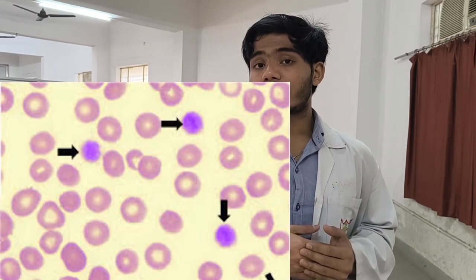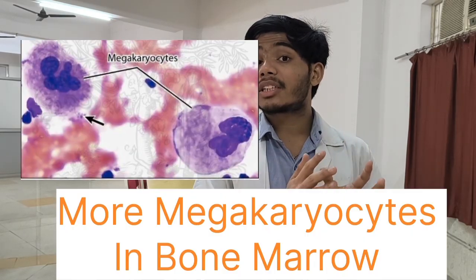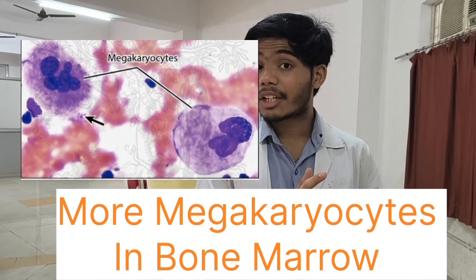Now the fourth, in the peripheral smear also, fewer platelets are found. Why? Because of the antiplatelet autoantibodies which cause the destruction of the platelets. So that is the fourth reason. Now the fifth reason, that is why does the number of megakaryocytes increase in the bone marrow.